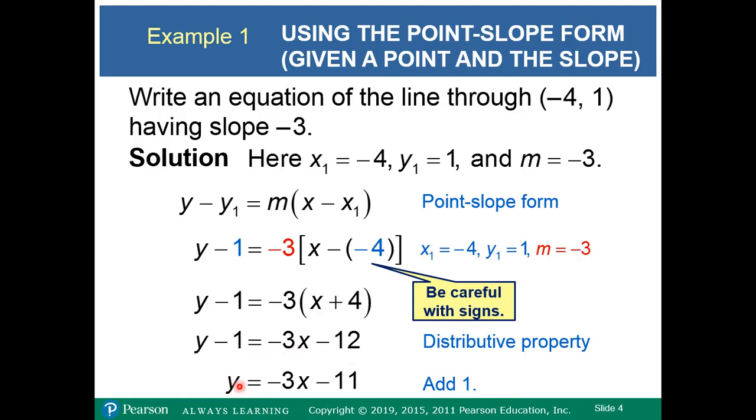But this equation of a line is in another form, which is called the slope-intercept form, because remember, this is mx plus b, where m is your slope, and guess what? -11 is your y-intercept, because if x is 0, y equals -11. So b is your y-intercept. So it's always mx plus b. So in this case, m is -3, and your y-intercept is -11.